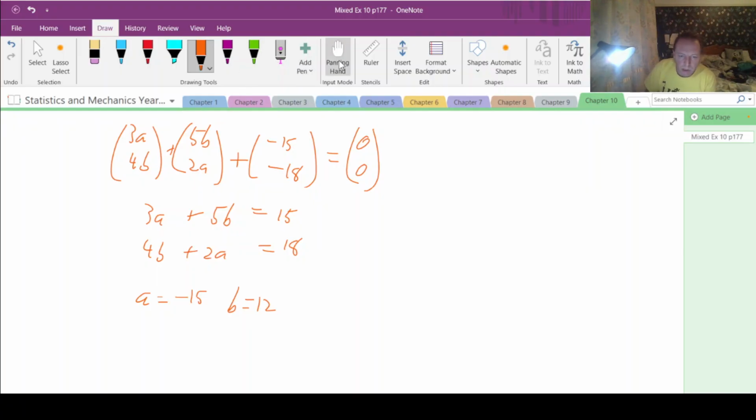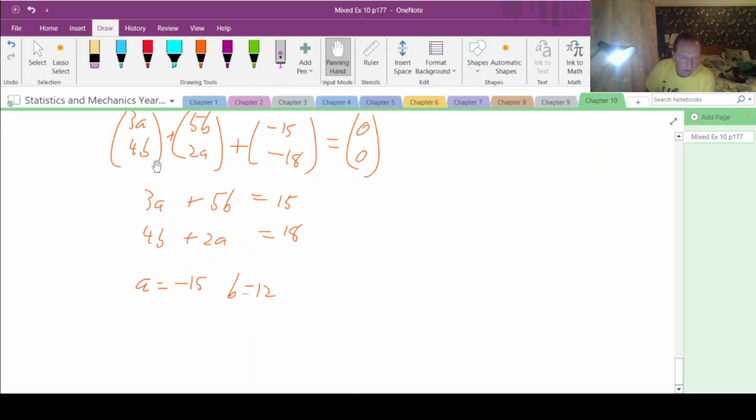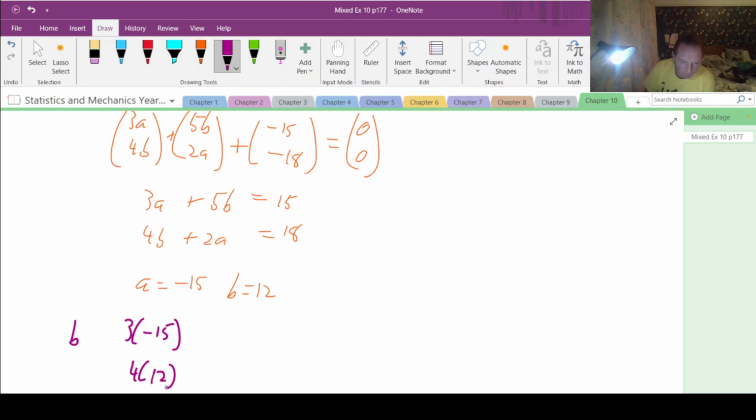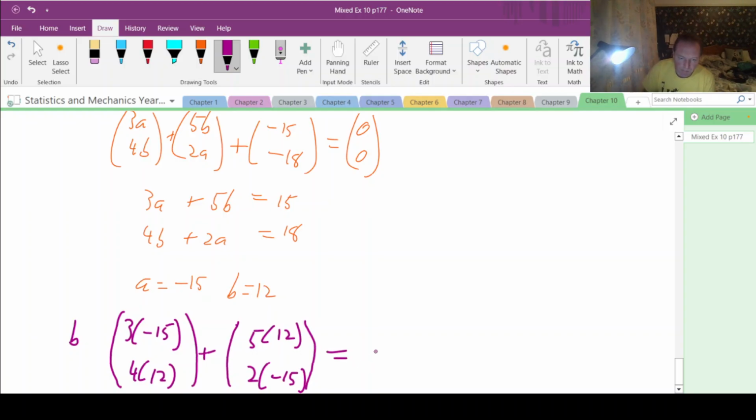So they're taking out this force, so we have 3 times minus 15 and 4 times 12, plus, getting that into column vector format, 5 times 12 and 2 times minus 15, is equal to the mass, which we were told was 2 kilos, times the acceleration.